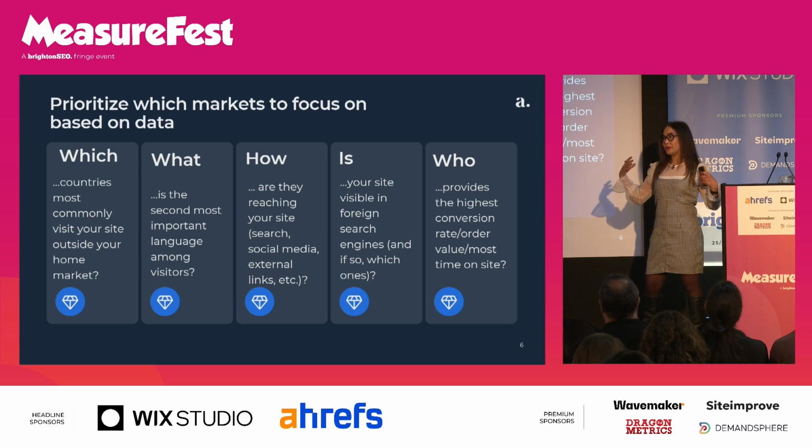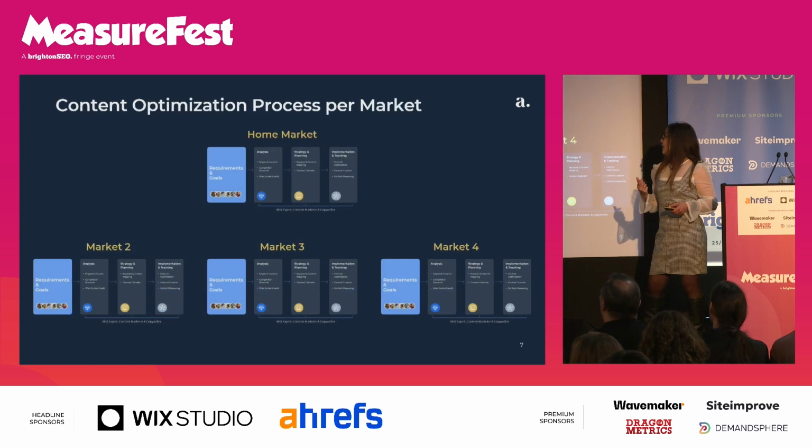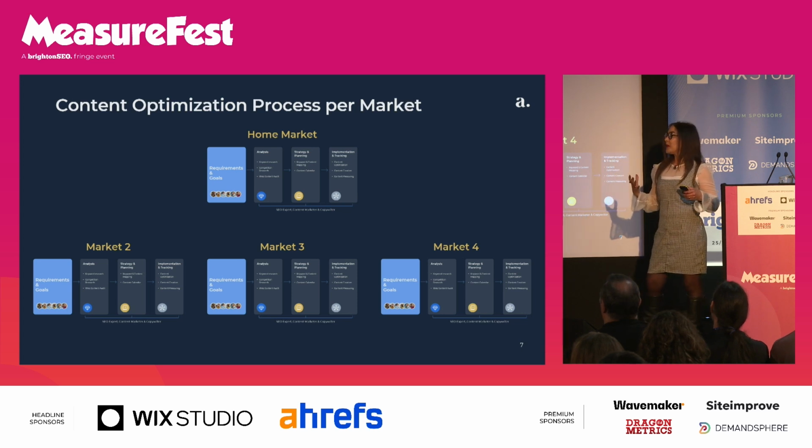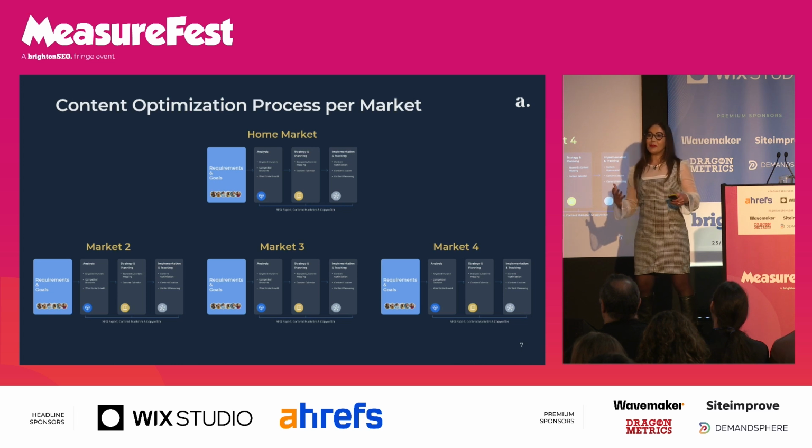So you use visualization to show all that interest to your internal stakeholders. So what you're doing in your home market becomes so important to replicate in each one of the target markets based on those priorities.